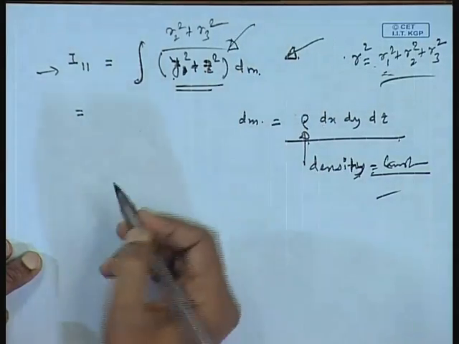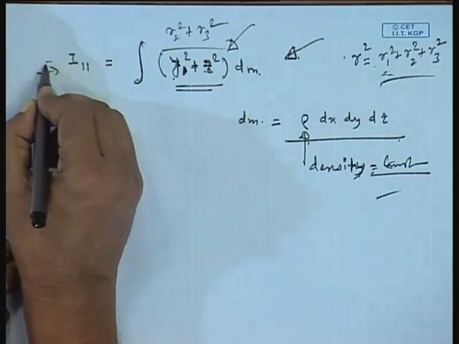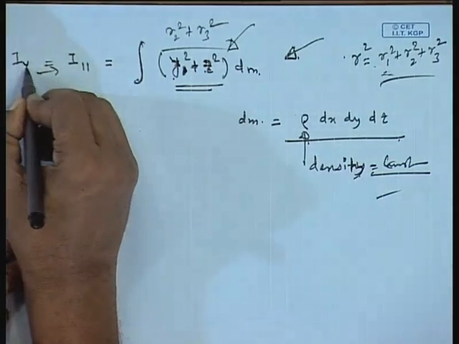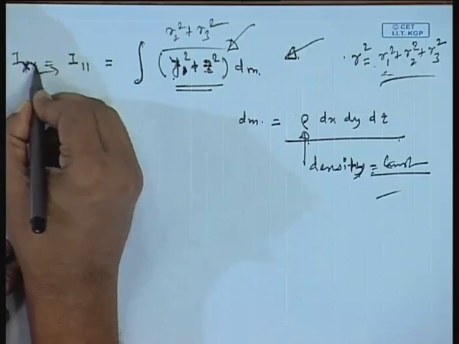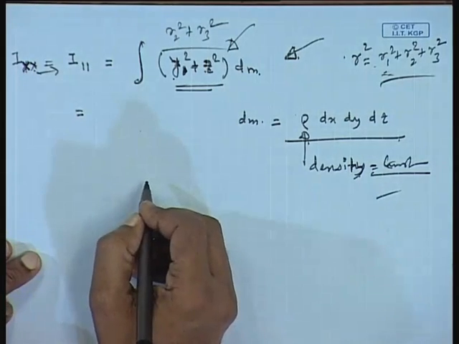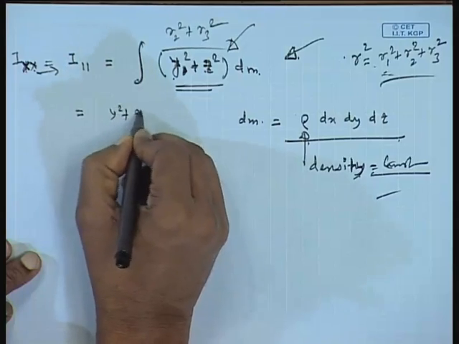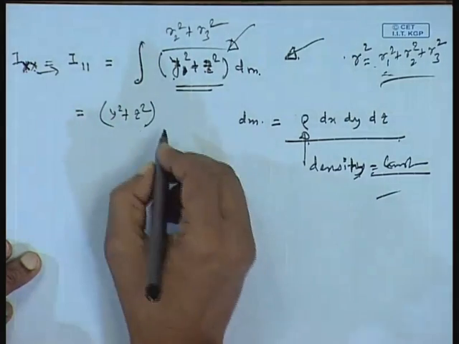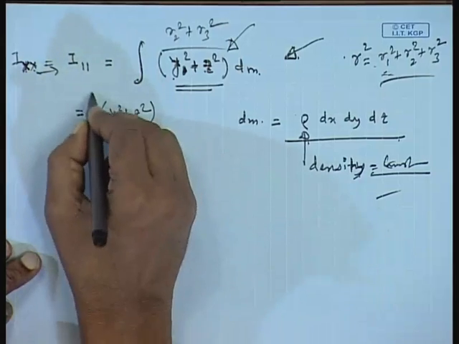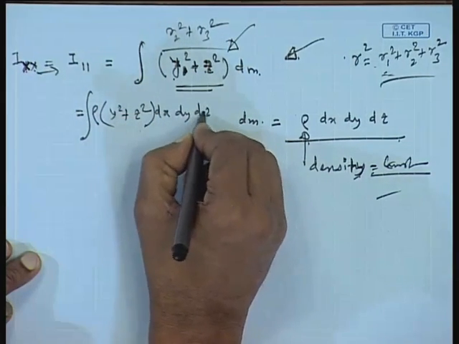Let us follow this. You can also term this as Ixx. Inserting this, y square plus z square, rho will come here, and dx, dy, dz.